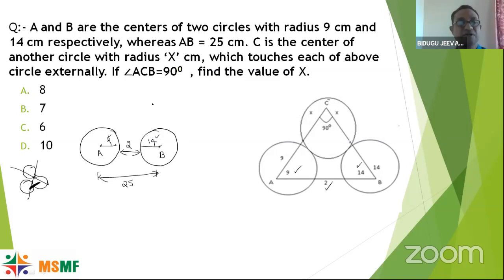Now another one, see the center of another circle with radius x. It has to touch both. See the center. Radius x. This is x, which touches each circle externally, outside. Fine, it is touching here.